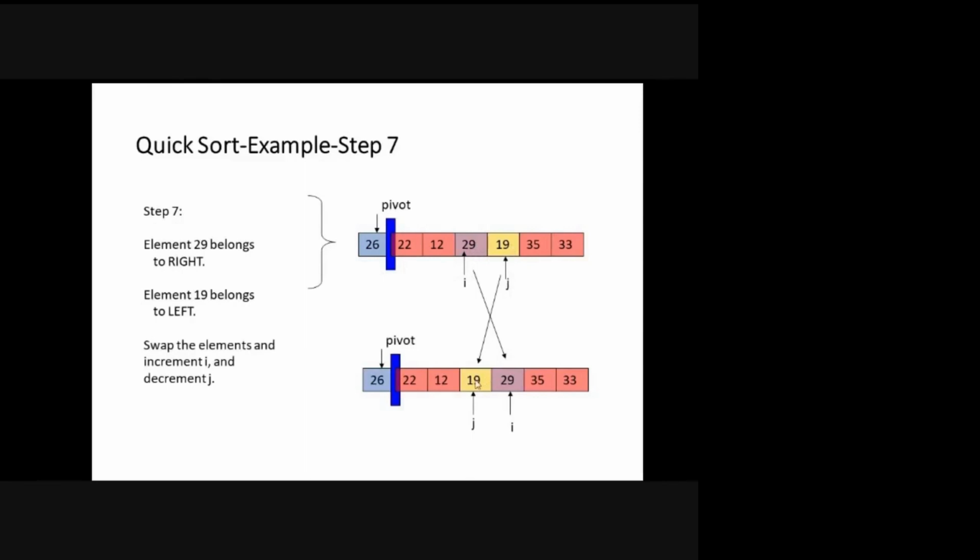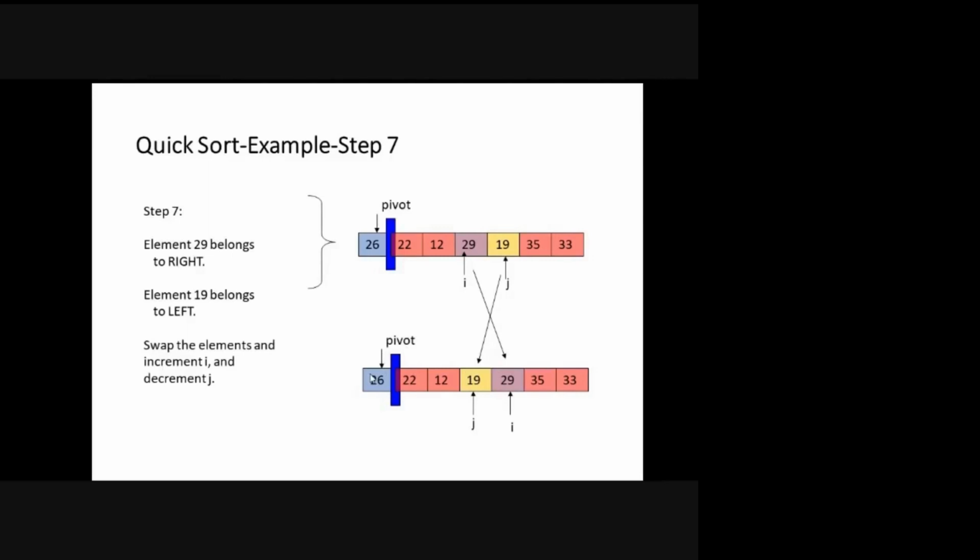When i and j cross together, or the index of i is greater than j, you have to stop the iteration, and you have to exchange the pivot element with j. That will break your array into two halves, not necessarily equal halves. It will divide it into two subarrays.